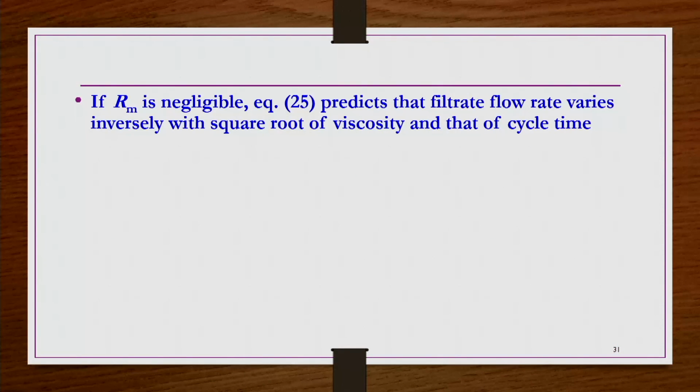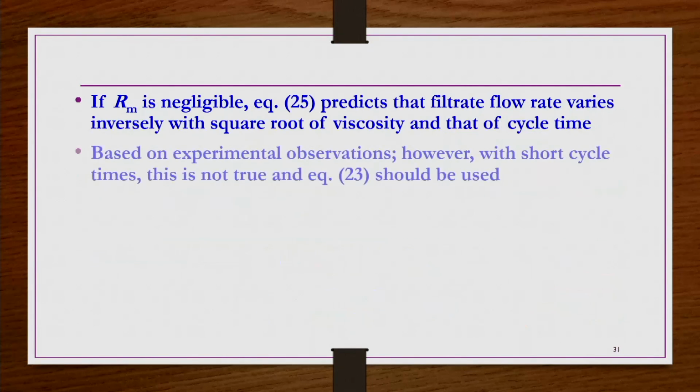So, if Rm is negligible, equation 25 predicts that filtrate flow rate varies inversely with the square root of viscosity and that of cycle time. But in general that is not true based on experimental observation, especially for short cycle times, and then equation 23 should be used.